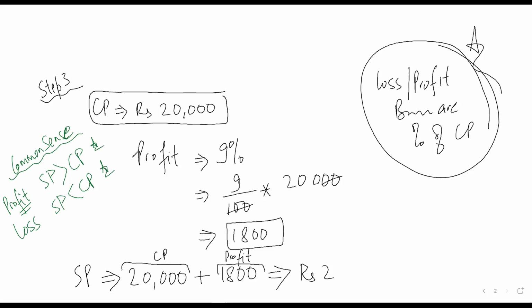Sarthak, agreed or not? Yes, sir. So for finding the selling price, my profit has to be added to the cost price. The cost price 20,000 plus 1,800 will be 21,800. Mr. Sarthak, any doubt? No, sir.